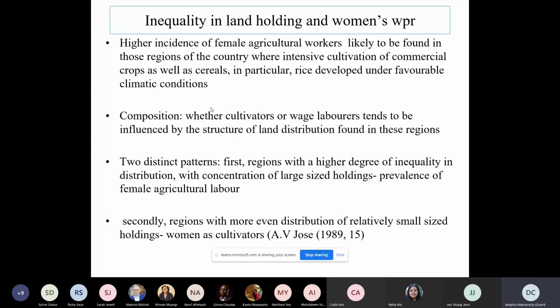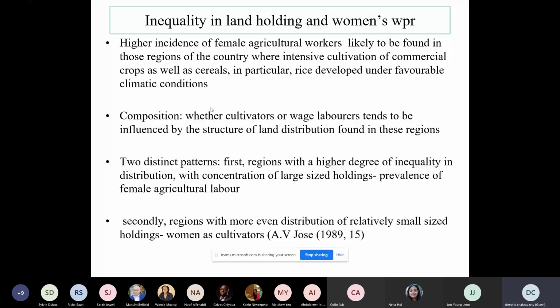Now, it is quite understandable that if a region is very unequal in its landholding pattern, if only a small group of people hold a huge amount of land, if there's a huge concentration, naturally there's a possibility that the demand for hired agricultural labor will be much more in those areas.